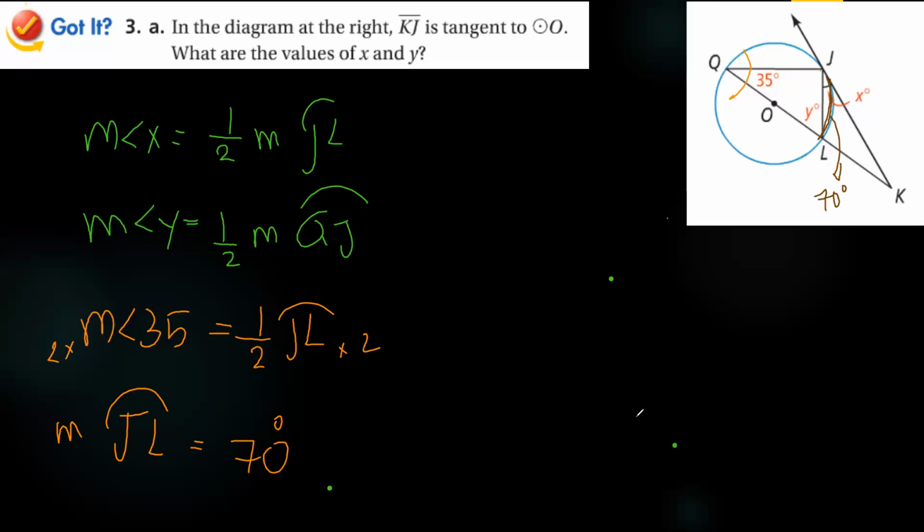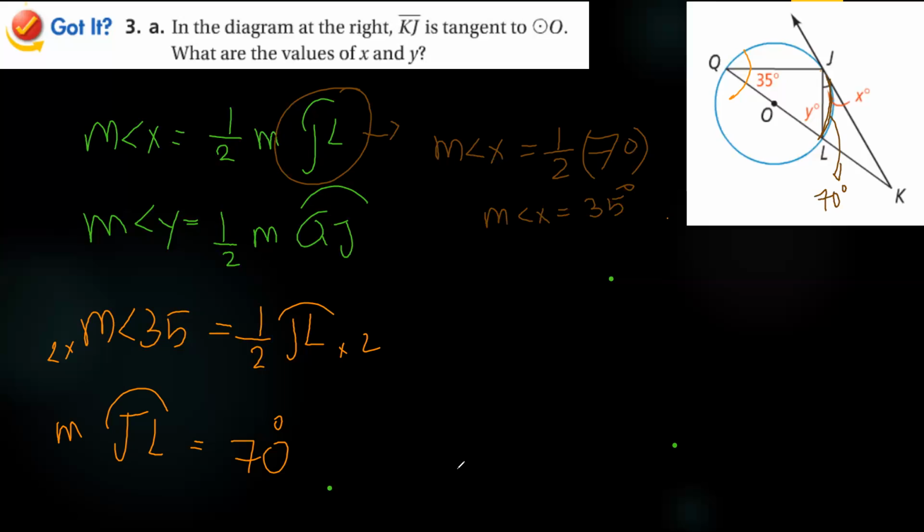Then I will come back. Since this is 70, the measure of JL also is 70. So the measure of angle X will be half of the 70. So the measure of angle X is 35 degrees. So I found now angle X is 35 degrees.